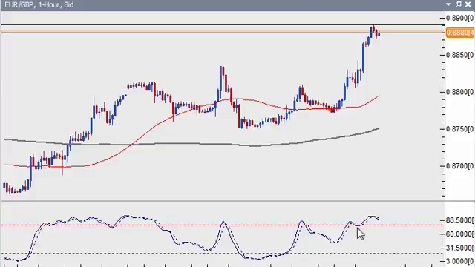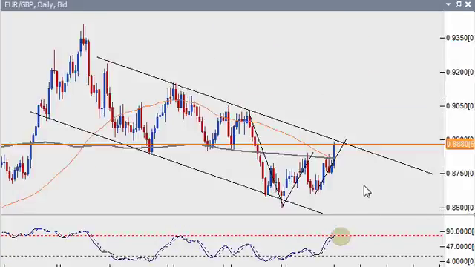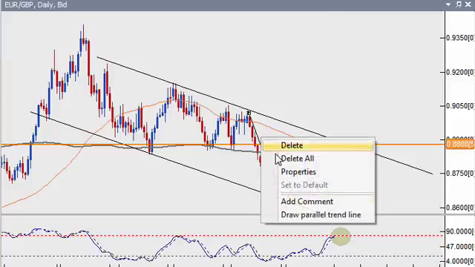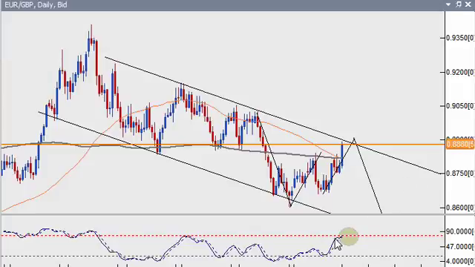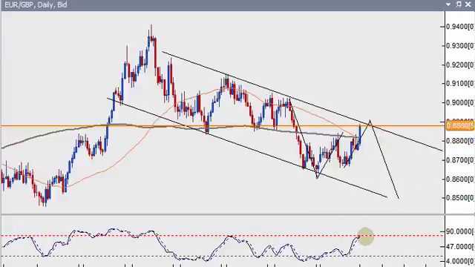Also, stochastic shows very strong momentum in the 1-hour time frame. Again, also overbought, so we might see some resistance in the next session. And here's the daily time frame, and if there is topping action here, then next week we might see a slide in the euro pound for a further bearish continuation.